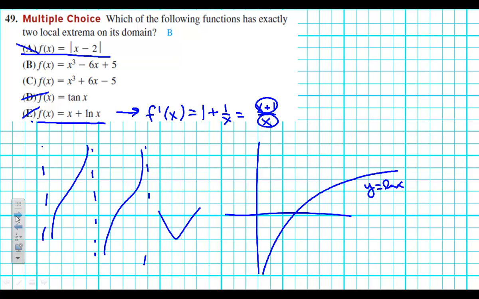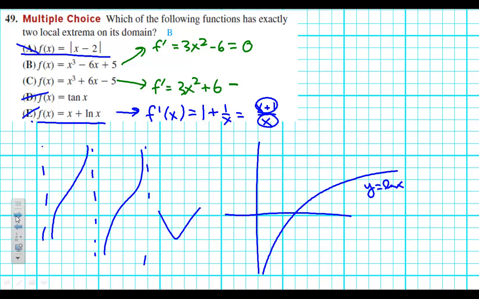Hey, we're down to those 2 polynomials. Now what? Should we do the same analysis here? Take the derivative, and the derivative for this one is 3x squared minus 6, and the one for this one is 3x squared plus 6.